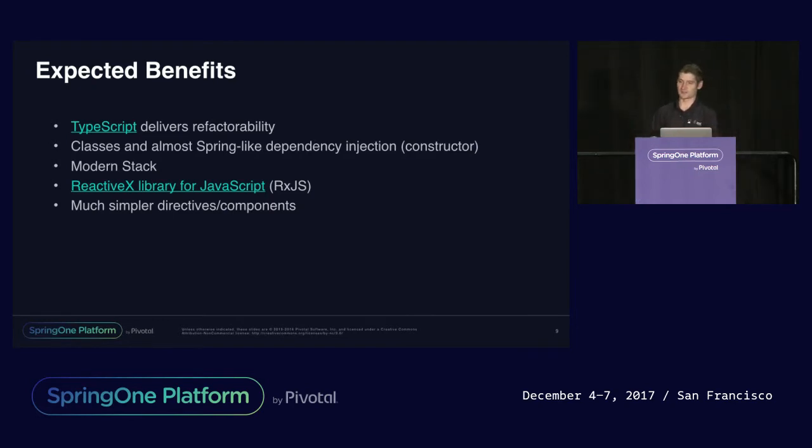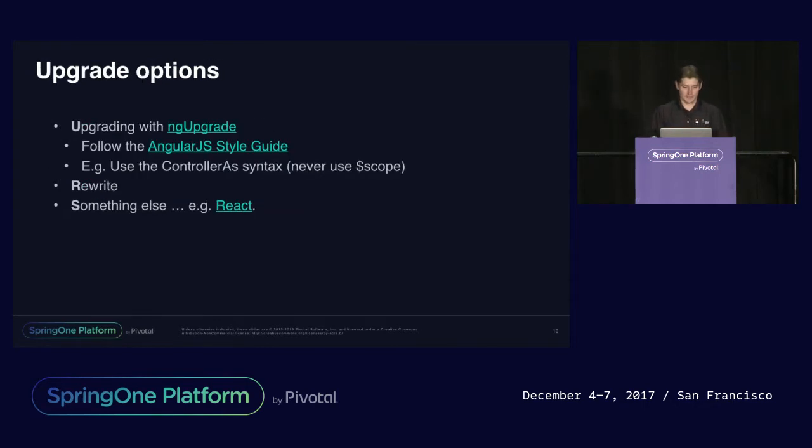Then also take advantage of some of the reactive features Angular 2 provided, and also having a simpler setup in terms of directives. I could never memorize all the stuff regarding writing custom directives in AngularJS 1.x, so much simpler in 2+.